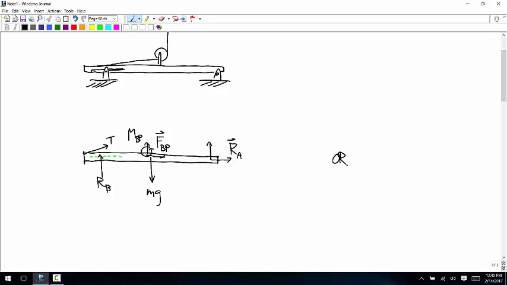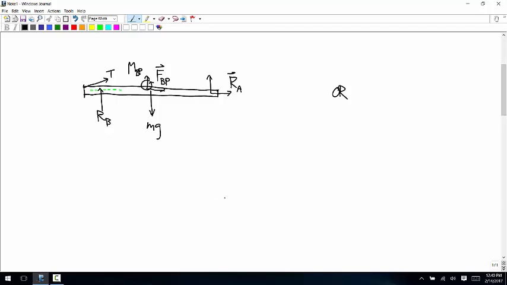The problem with this possibility is you have a lot of unknowns and you couldn't solve for anything. So you have two variables for RA, two for this force FBP. So we're at 4, 5, 6, 7 variables. So that's a lot. I think there's no way that we'd be able to solve for this. We're always going to have too many variables, but 7 is a lot.